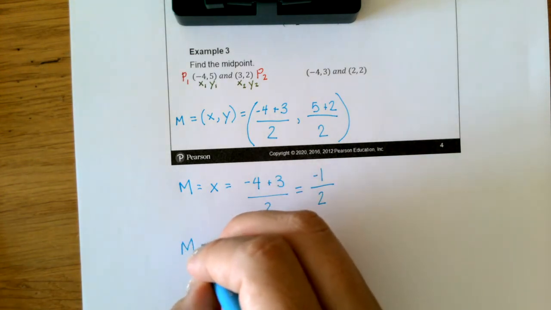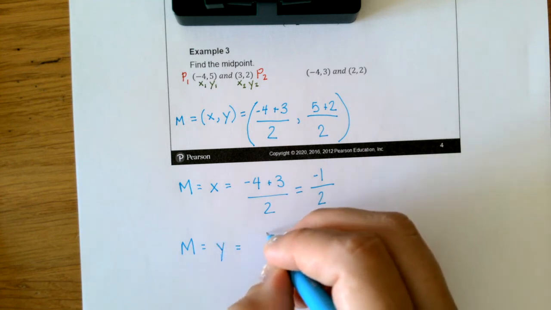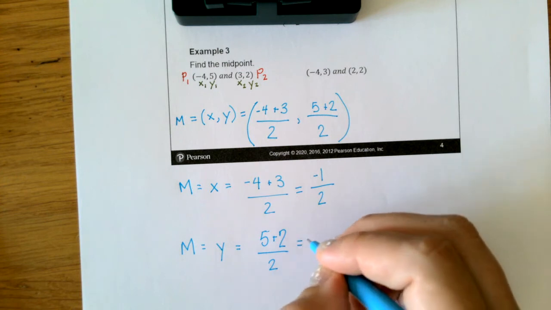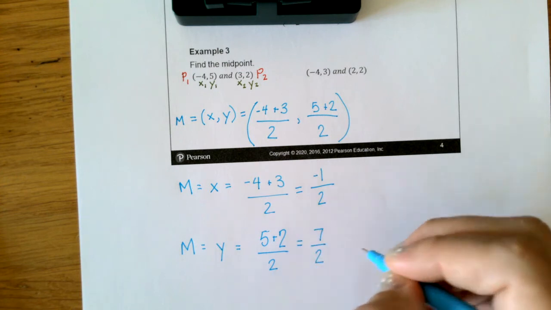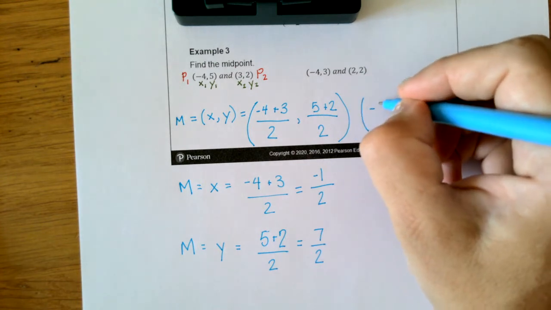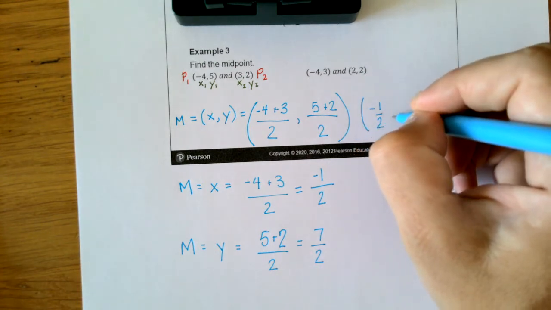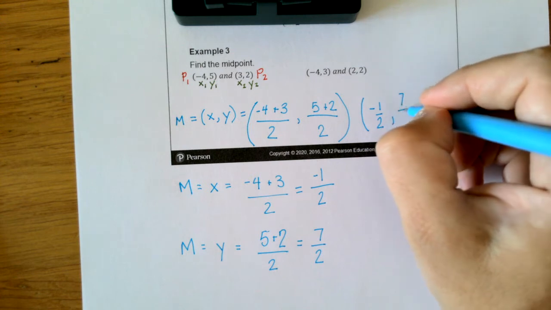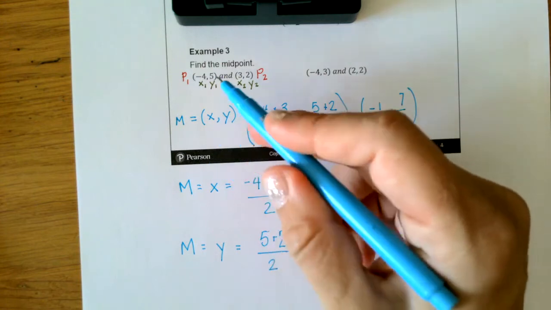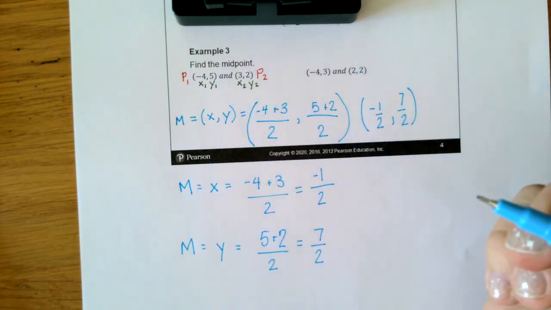The midpoint of y is 5 plus 2 over 2, which is 7 over 2. So this becomes -1 over 2, 7 over 2 are the coordinates of the midpoint of this line. Okay.